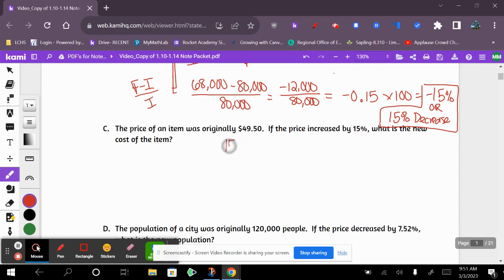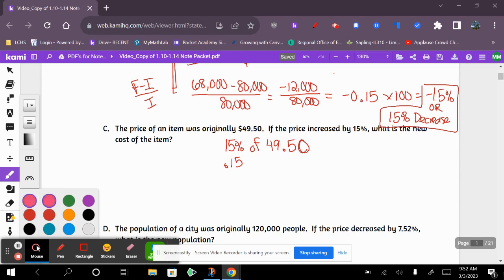So we're finding 15% of $49.50. So we're going to do 0.15. To change it to a decimal, remember that you're just going to divide by 100. So we get 0.15, and then of means to multiply, so we're going to multiply by 49.50.